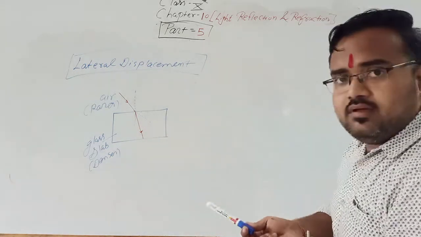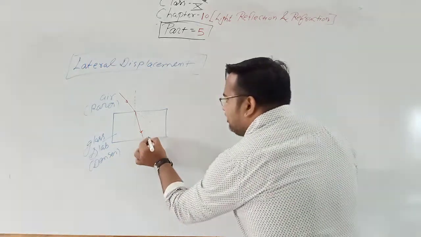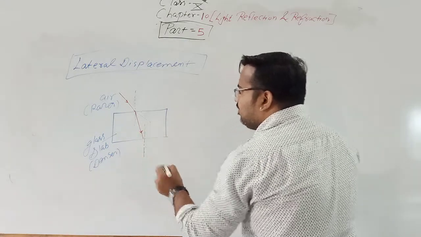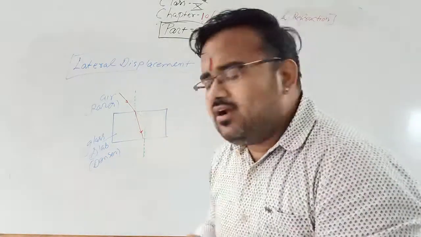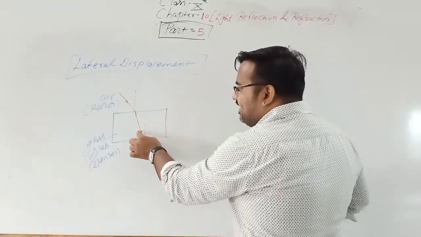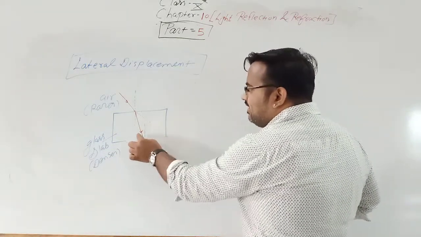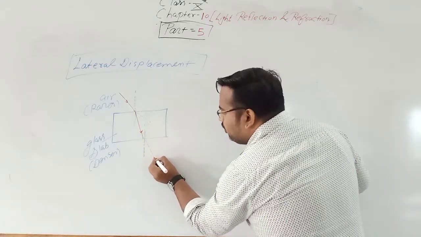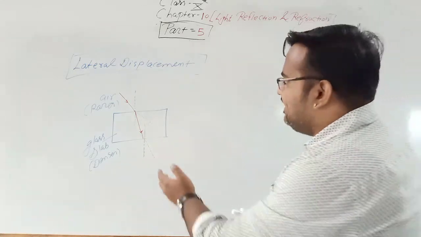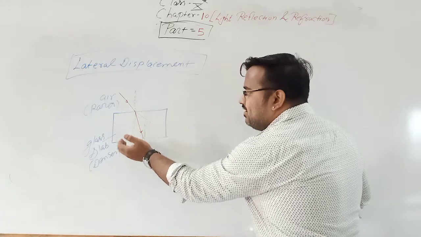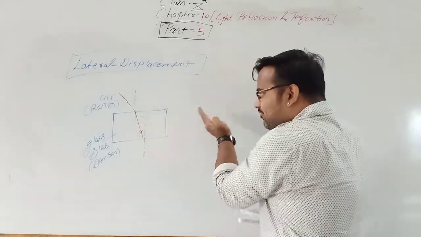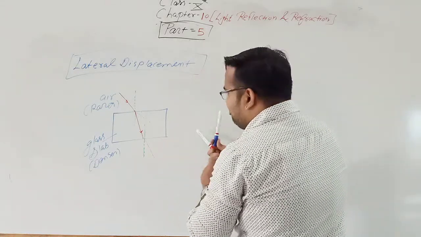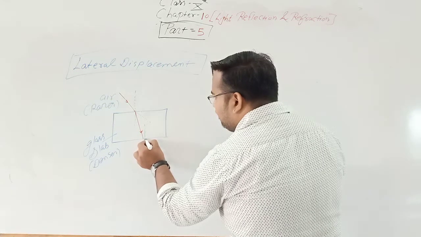Then this is again a normal, and according to our second law, the emergent ray goes from denser to rare. See, this is the original path which should be followed, but from denser to rare, the emerging ray went away from the normal. It will bend away from the normal.